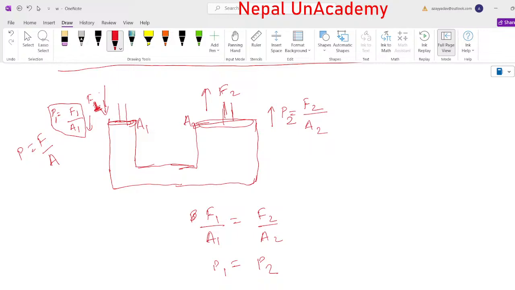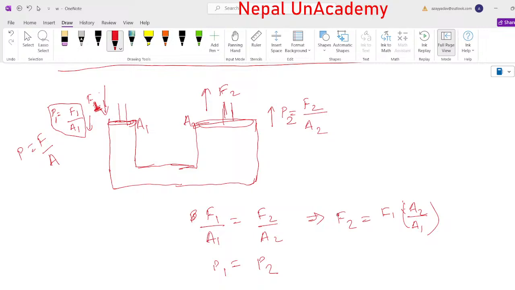Here F1 by A1 is P1. From here we can conclude, by interchanging the terms, F2 equals F1 into A2 by A1. Sorry, it is A2 by A1, not A1 by A2.